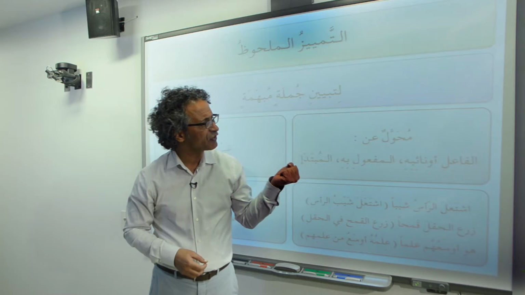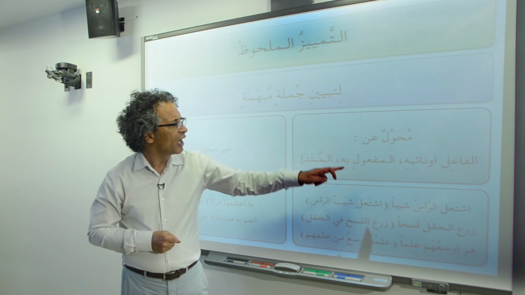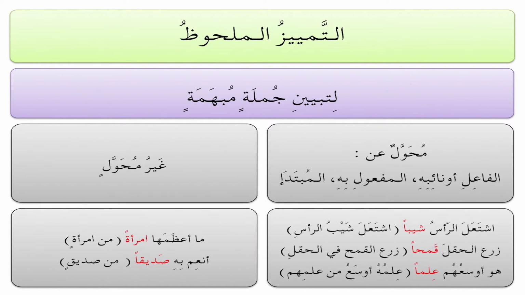So what are they transformed from? الفاعل أو نائبه, the subject or the deputy subject. Remember, نائب الفاعل occurs in المبني للمجهول. المفعول به والمبتدأ. صح؟ So let's look here to understand this. اشتعل الرأس شيبا. يعني the hair now has a lot of gray in it, right?